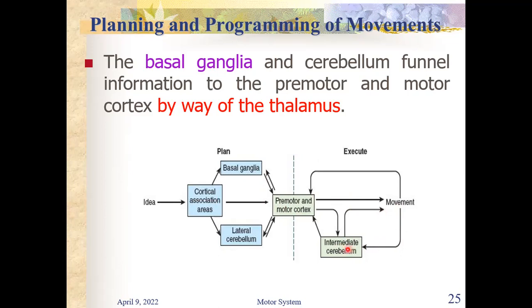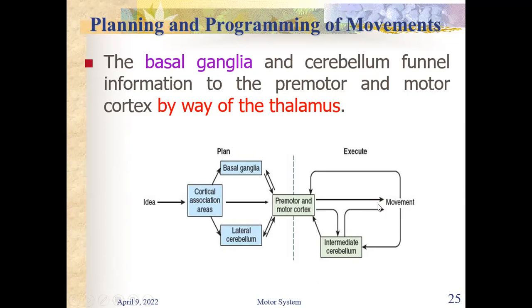And the intermediate cerebellum will share that feedback with the premotor and motor cortex. In case there is an error in the movement, the premotor and motor cortex will adjust the executed movement and correct the error so that the movement will be precise and smooth voluntary movement. Okay? So this is the flow chart of planning and programming of movement.